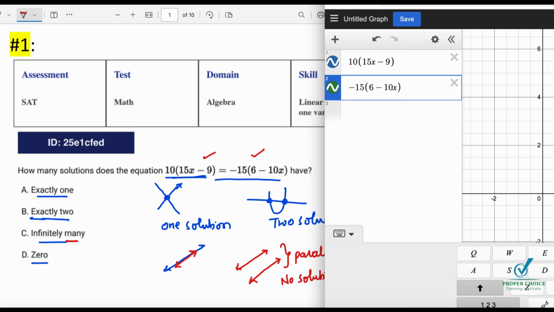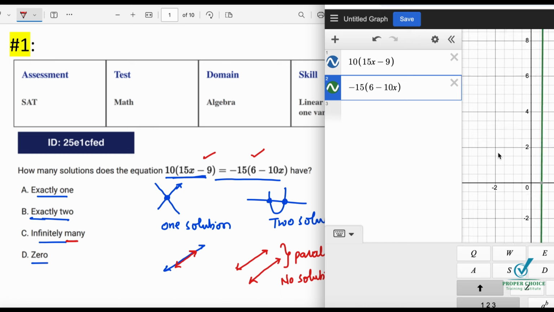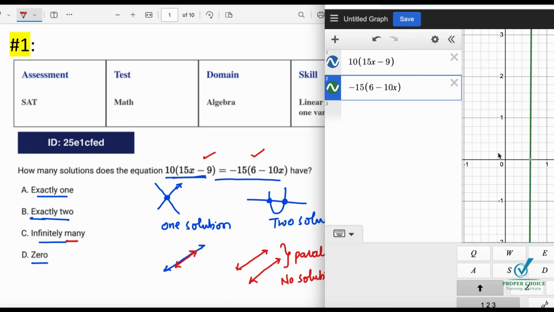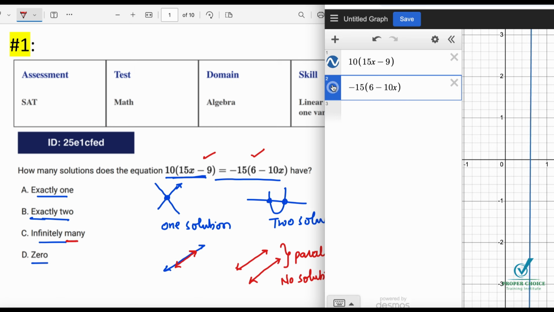What I can observe is both graphs represent the same line. You can see. As both graphs represent the same line, you can verify by clicking here. This is the graph of the first line, which is shown in blue, and this is the graph of the second equation, which is green.